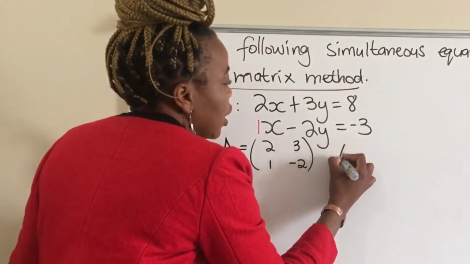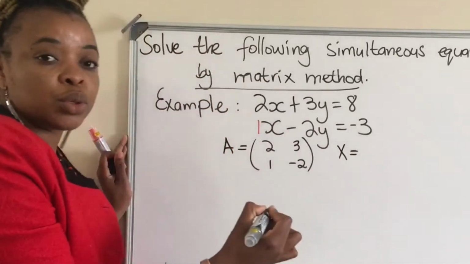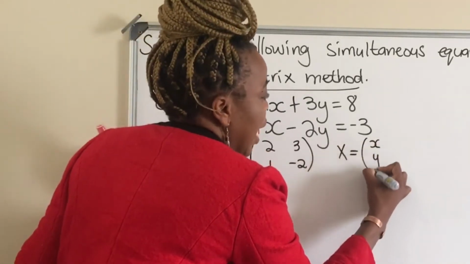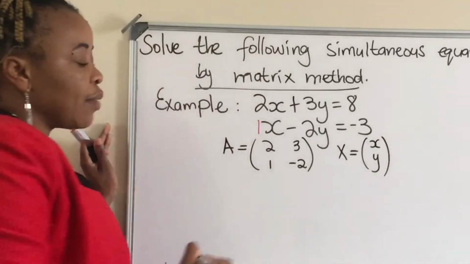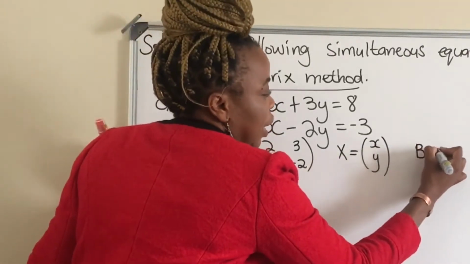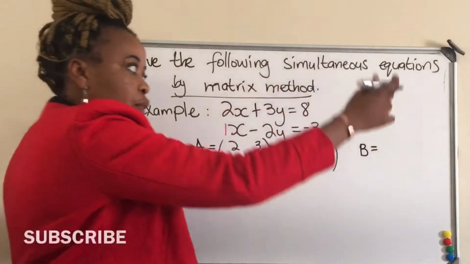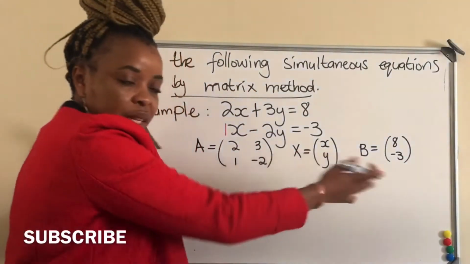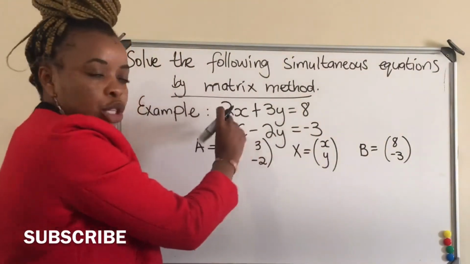Then we will call the one representing the variables x, and our variables are x and y. Then we have the last one, which we are going to name b, and that will represent what we have on the other side of the equal sign. So it's 8 and -3. So we are creating matrices, taking information from our equations.